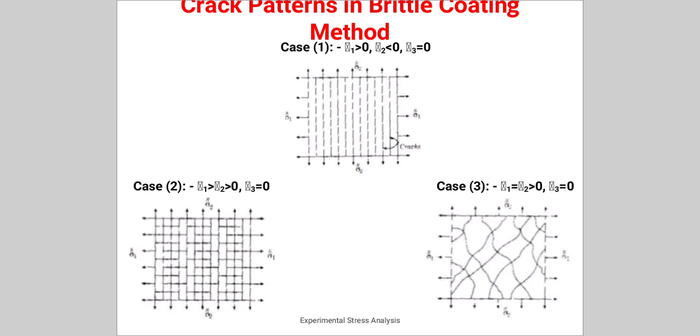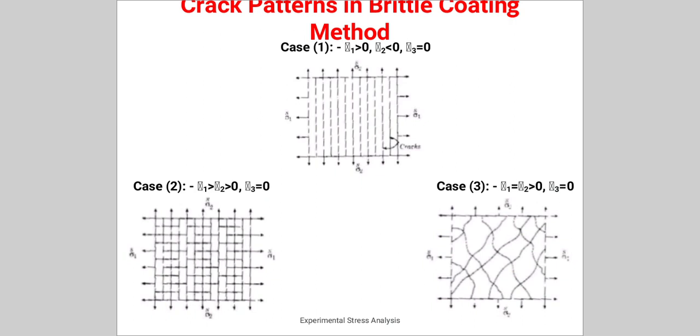In case number 1, sigma 1 is greater than 0 and sigma 2 is less than 0, meaning case number 1 is subjected to only the calculation of sigma 1. We are not going to calculate the value of sigma 2, only sigma 1.